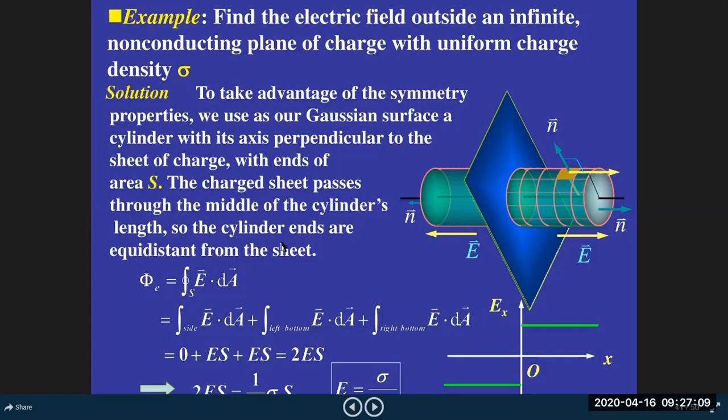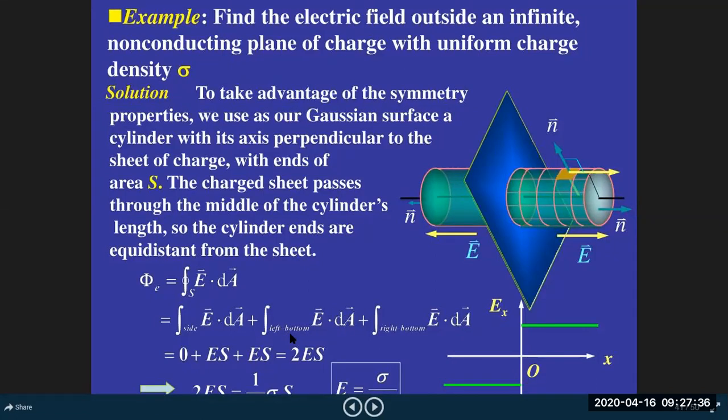So the cylinder ends are equidistant from the sheet. Therefore, this end and this end are equivalent because the sheet passes through the cylinder at the middle of its length. So first of all, we have to find the flux through this end, that is E dot dA, as we know, and similarly through this end, E dot dA.